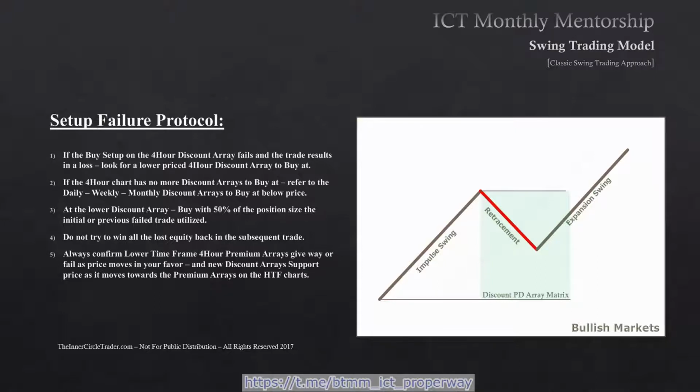Always confirm lower time frame 4-hour premium arrays give way or fail as price moves in your favor. In new discount arrays, support price as it moves toward the premium arrays on the higher time frame. In other words, you're going to be looking for bearish breakers. You're going to be looking for bearish mitigation blocks to give way.